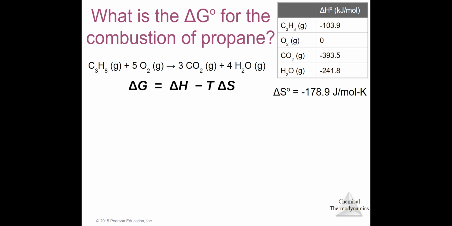All right, fantastic. So let's check your work. Before we calculate delta G, we have to calculate our delta H for the reaction. We know our delta H, again, is going to be products minus reactants.